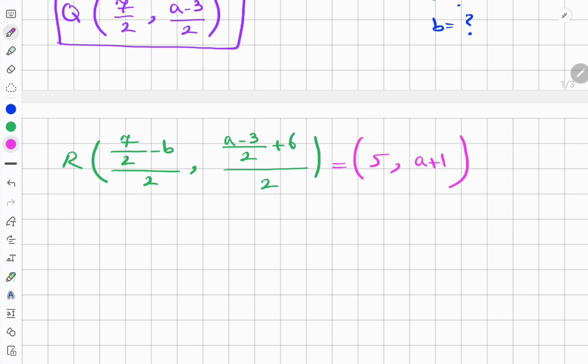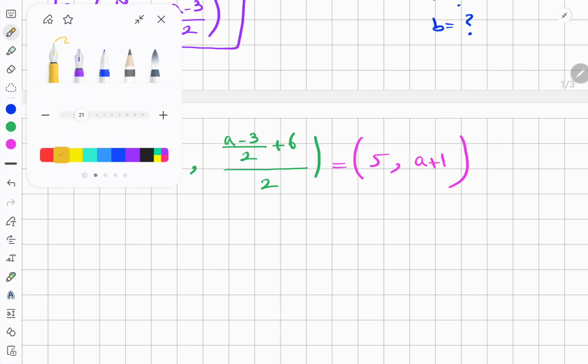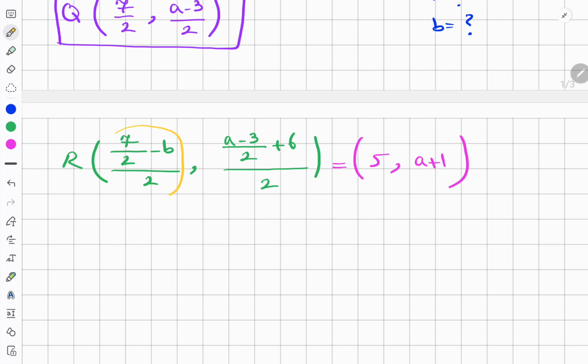So we know that the x coordinate of this equals 5, and I'm gonna show with different colors to make sure you understand all of them.